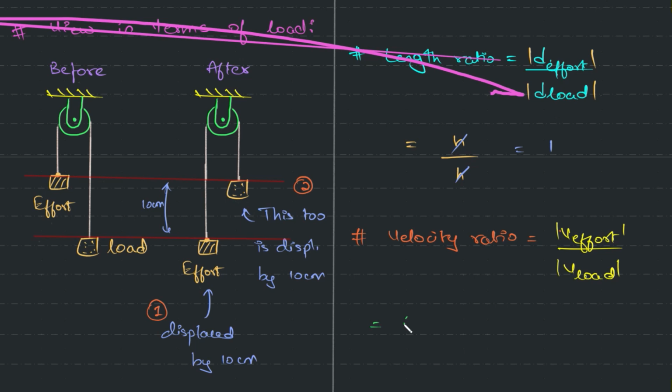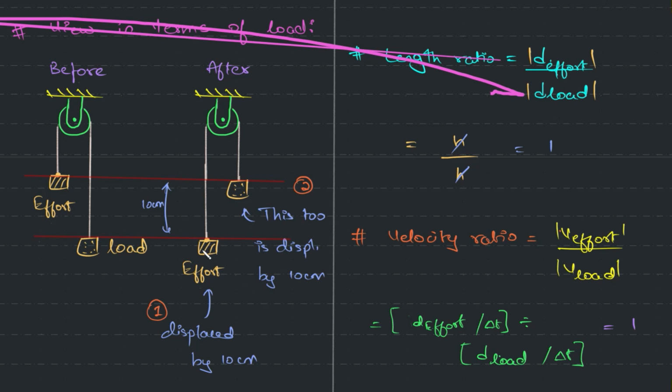So this is nothing but displacement at the effort by time, divided by displacement at the load by time. So time gets cancelled. We have the same ratio and this too is equal to 1.